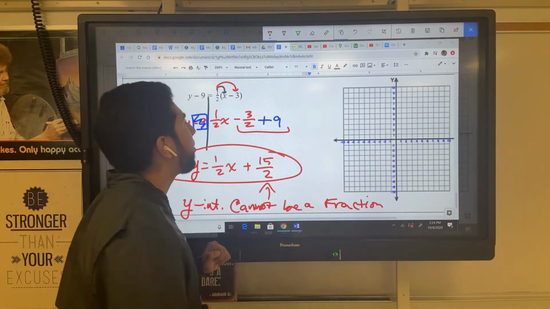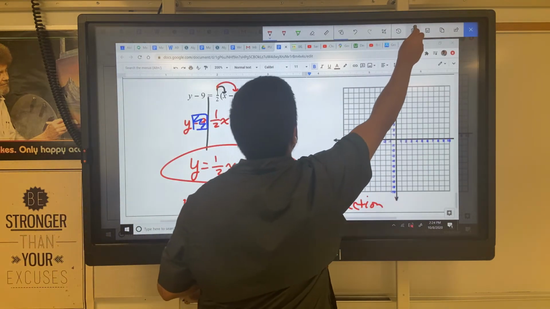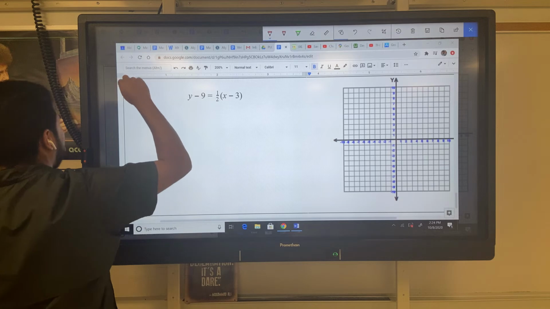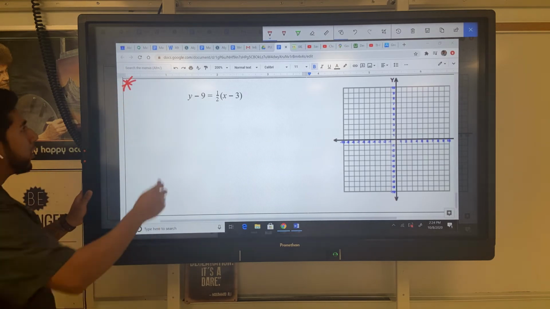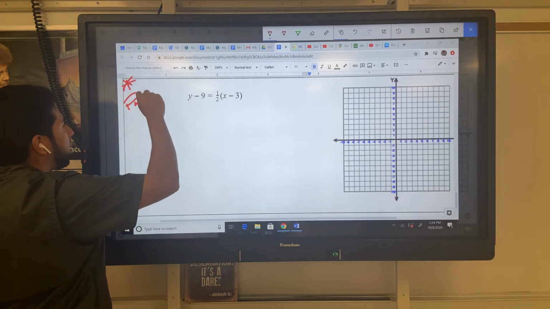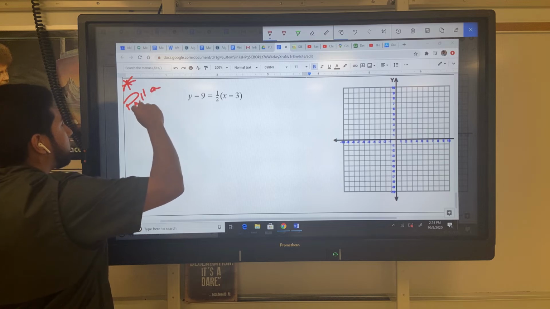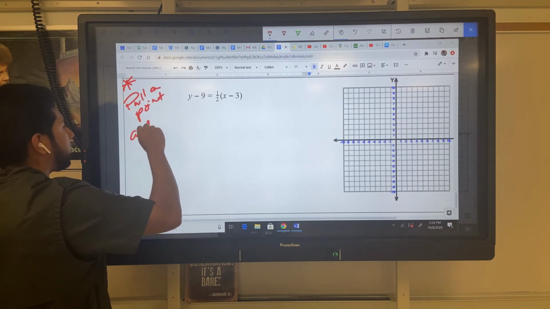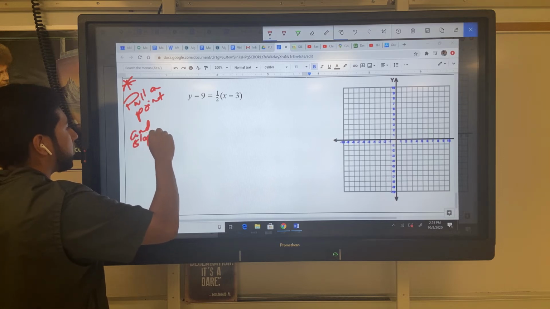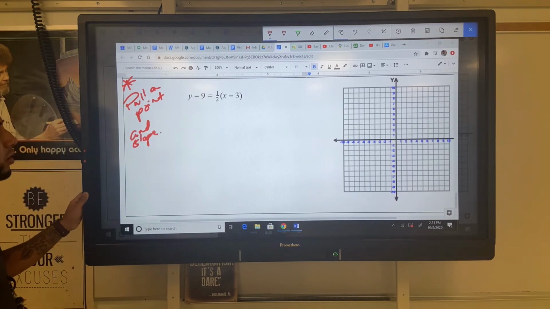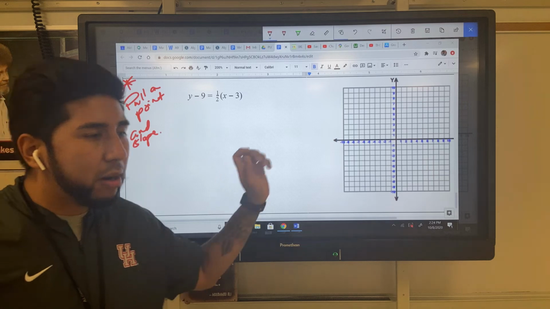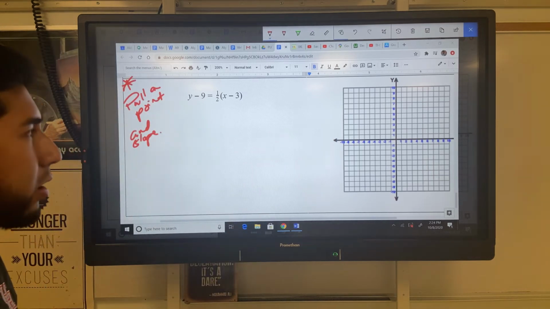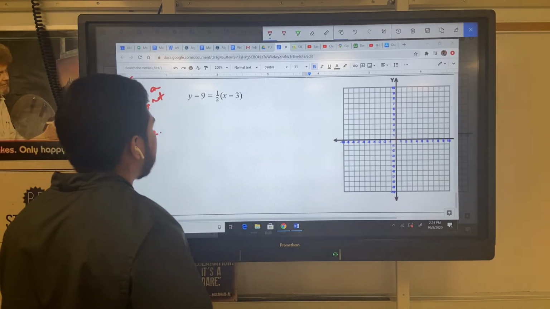So what do we do? Clear it. Put a star. This is where you have to pull a point and the slope. Okay, so I'm going to pull out the point, I'm going to pull out the slope, and we'll be good to go. Now, we've already had plenty of quizzes.